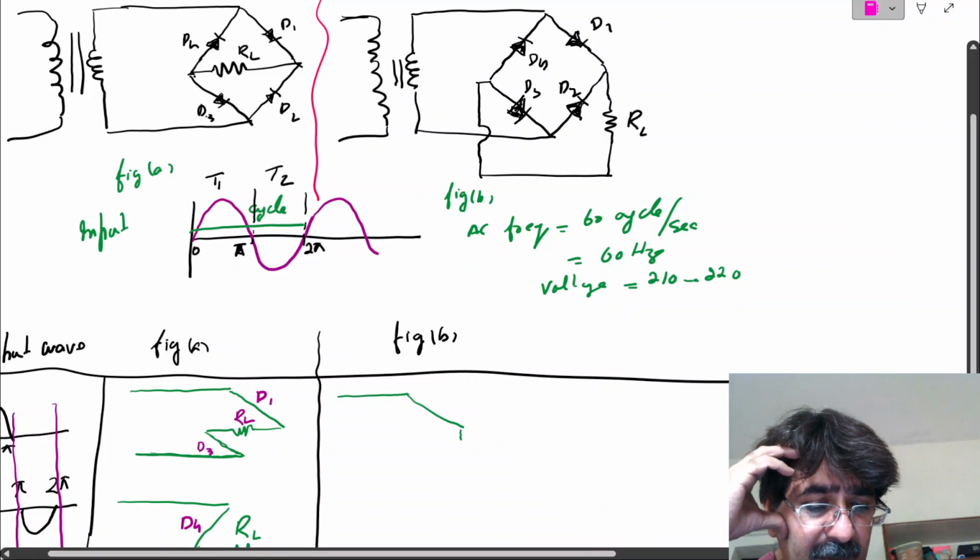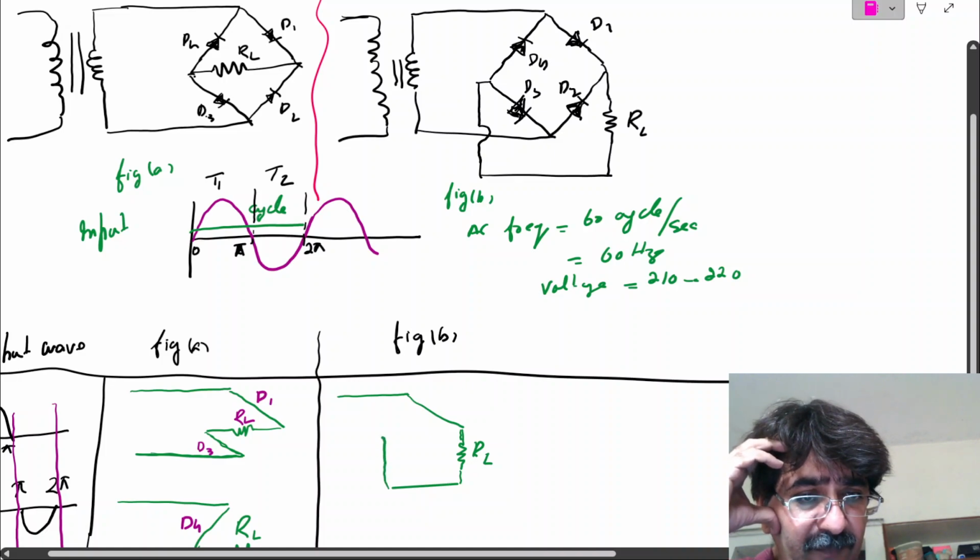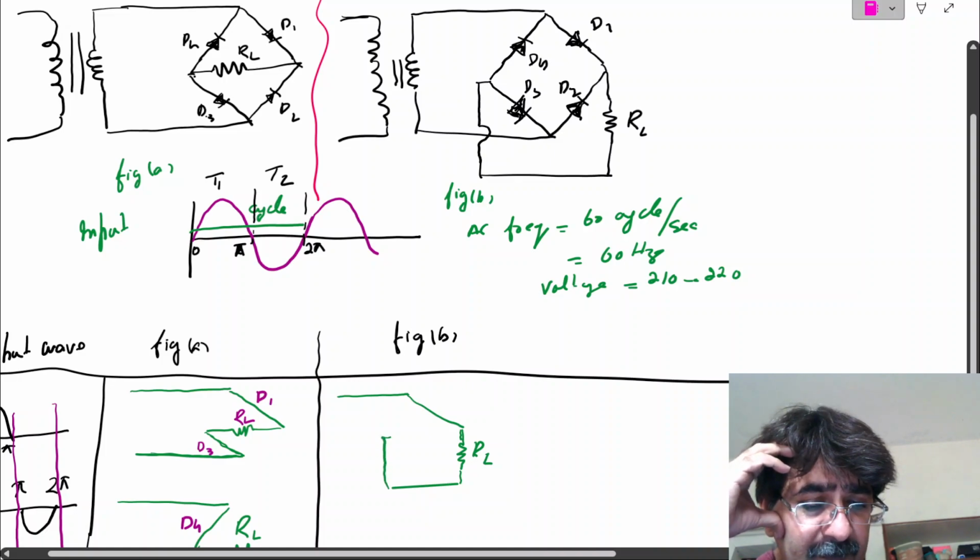In this way the circuit will be complete.